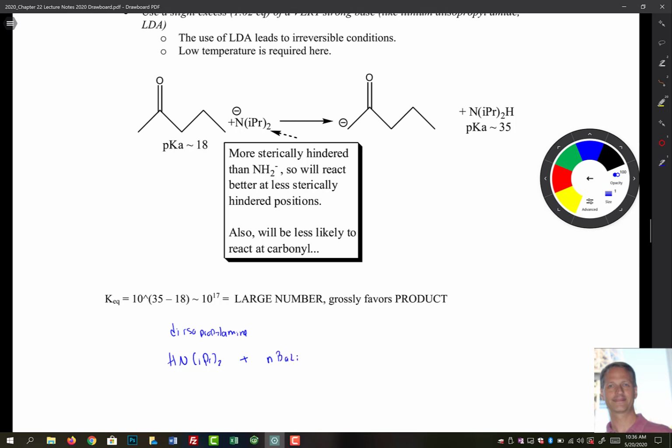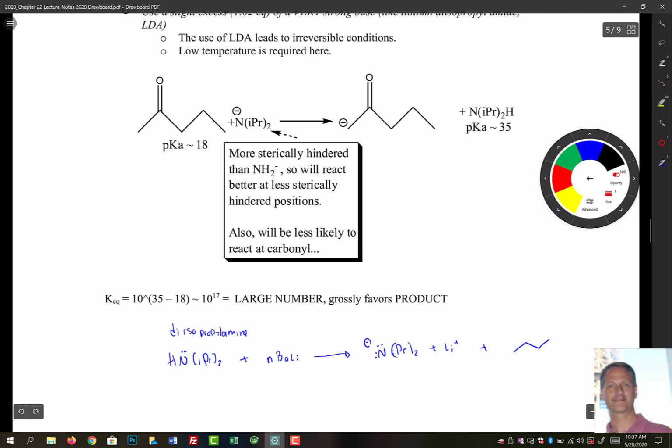And that's a very dangerous chemical to work with. It just requires that you be trained in how to use it correctly. Now this can react, and when it does, you would form your nitrogen. It has one lone pair on it. It's going to have 2 with an iPr on there, and that'll give you a negative charge. And then you have the lithium ion, and then you have butane.